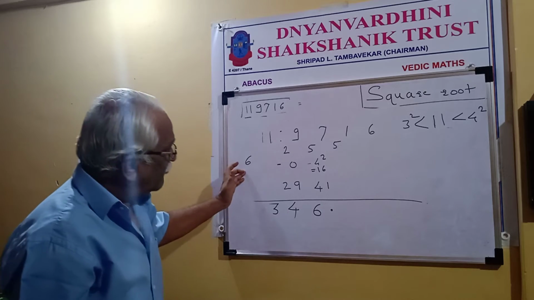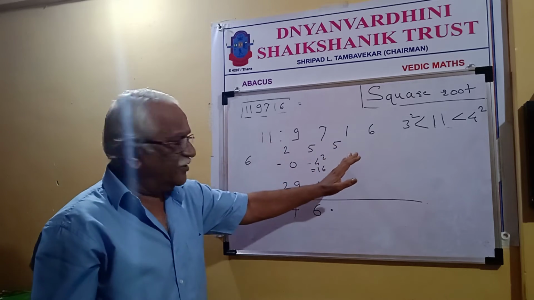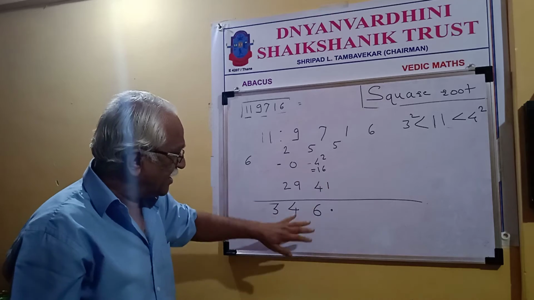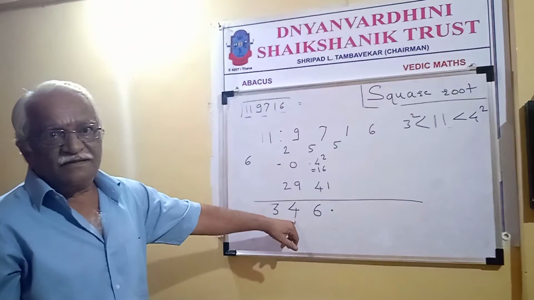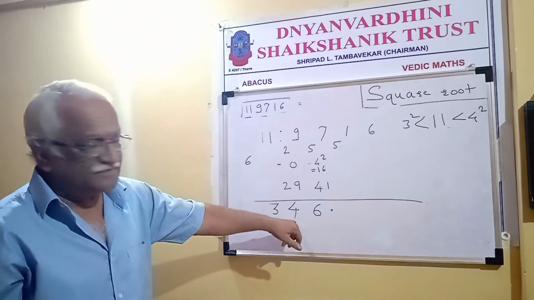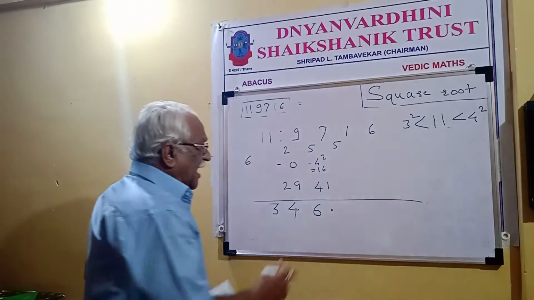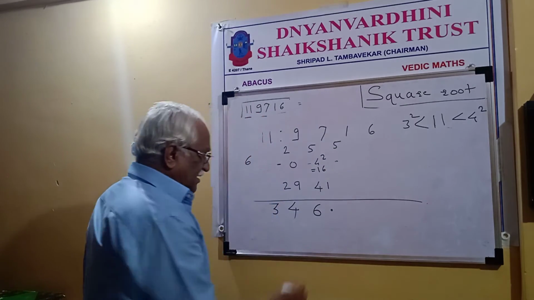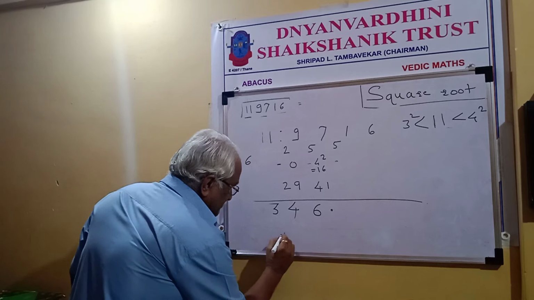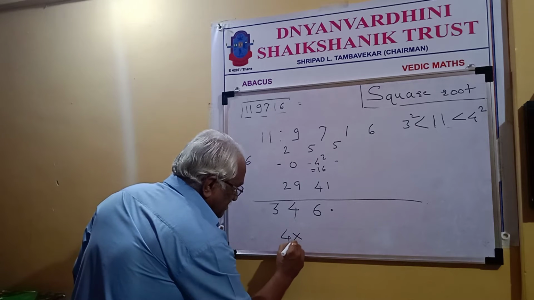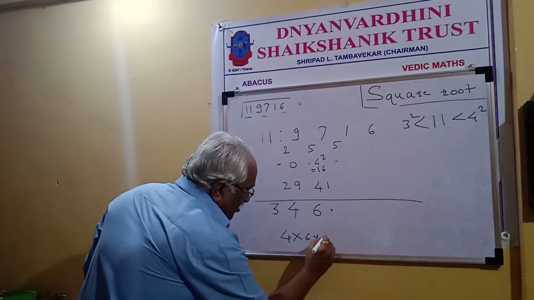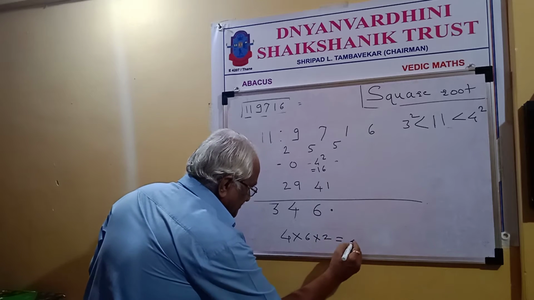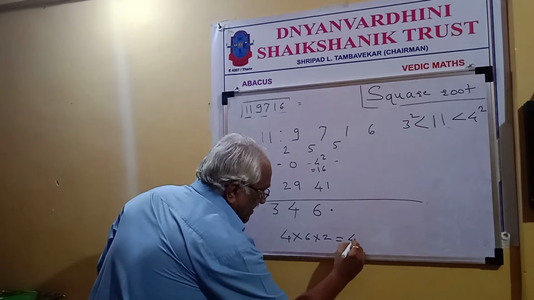Now for the next calculation, here we have taken the square of the last quotient. Now here we have to use the Dvandva Yoga method, that is the last 2 quotients, 4 into 6 into 2, that is 48.